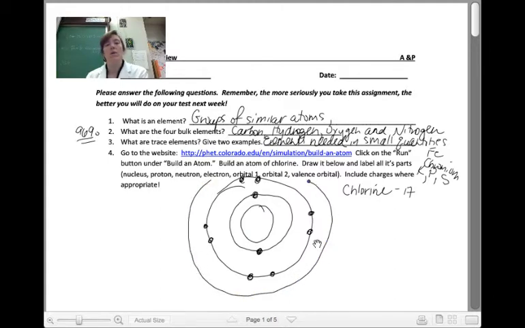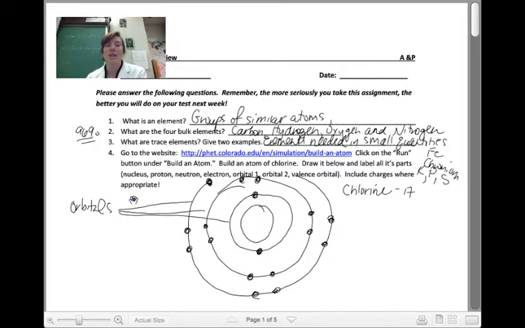And then we'll fill in the remaining 1, 2, 3, 4, 5, 6, 7 in the last shell. So orbitals are going to be these 1, 2, and 3.